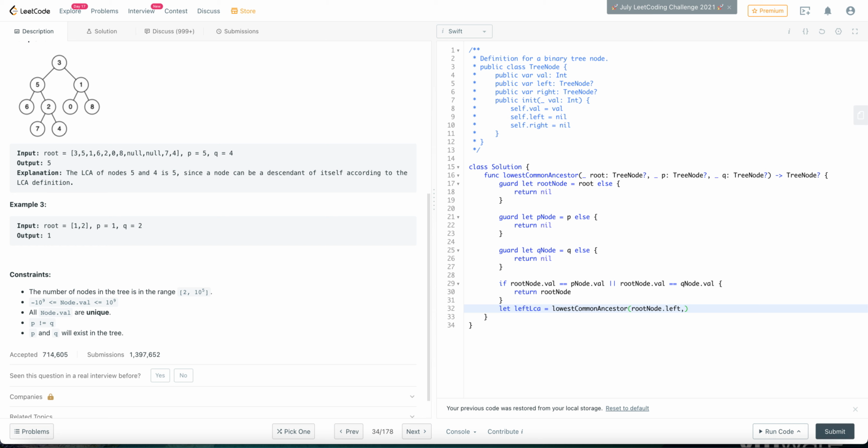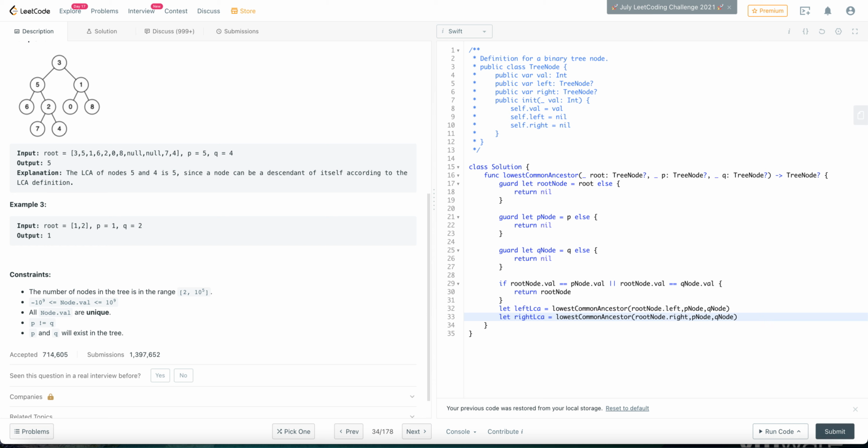We are moving to the left subtree, because the root node is not my ancestor, so I will check the left of the root node, with pNode and qNode, and also we will check the right side of the tree, the right LCA, where the lowest common ancestor is in the right, with pNode and qNode.